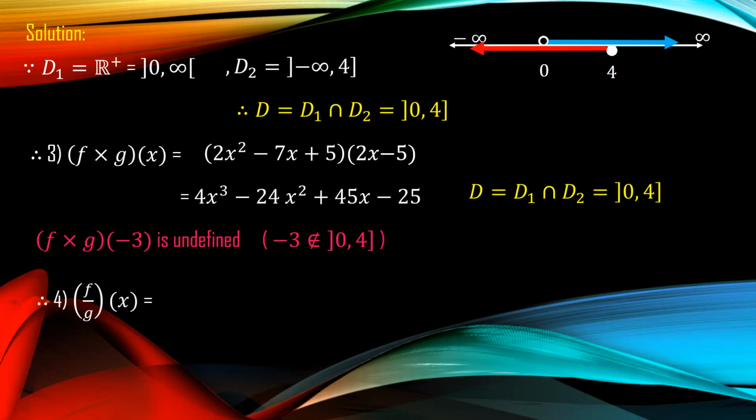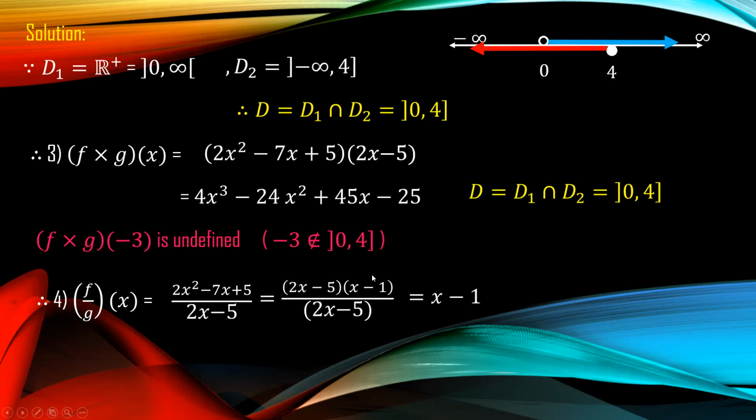Number 4, f over g of x equals 2x power 2 minus 7x plus 5 over 2x minus 5. We can simplify by factorizing the numerator into two factors, 2x minus 5 multiplied by x minus 1, over 2x minus 5.